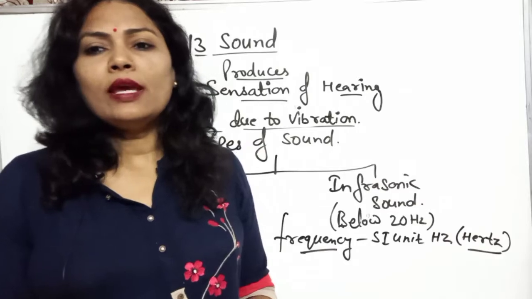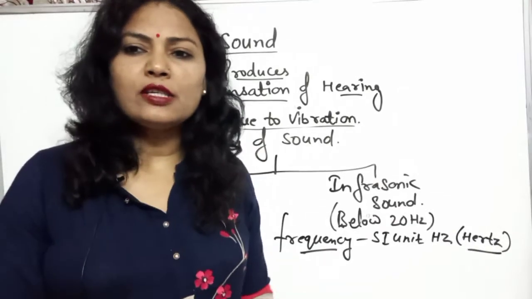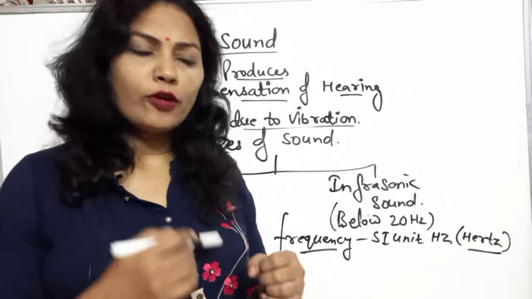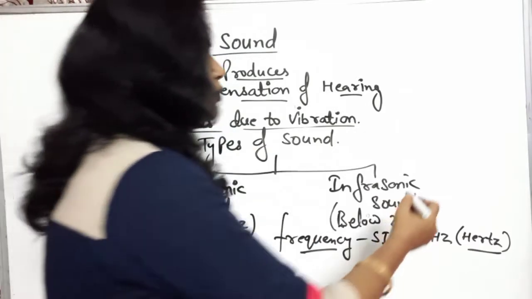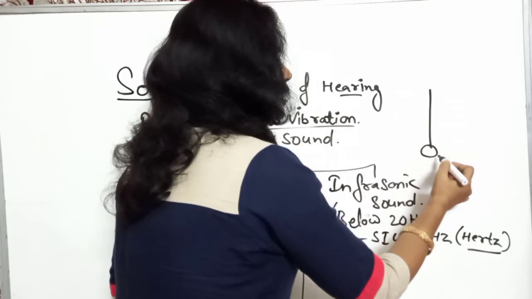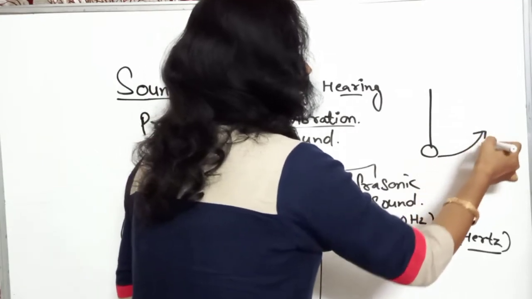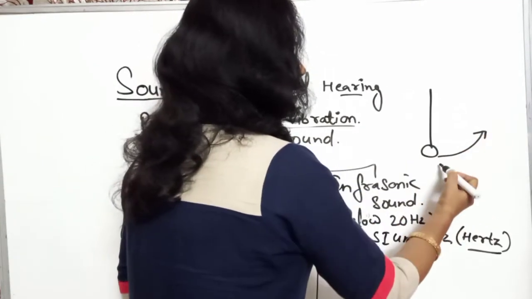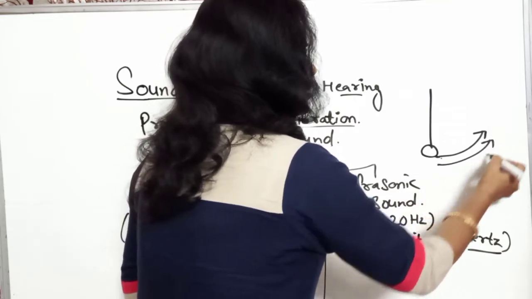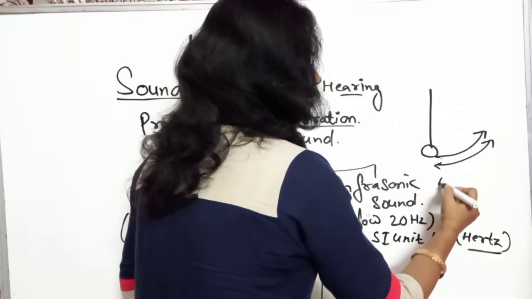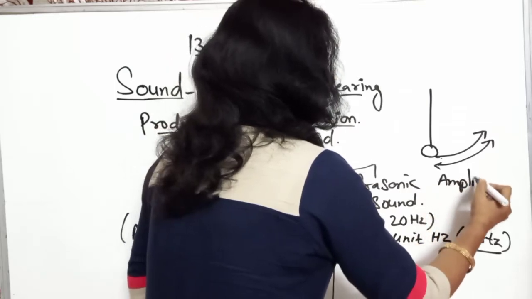Okay. Now amplitude is the maximum displacement from the mean position. For example, if one bob is there and that bob moves from here to here, this is the maximum distance, so it is an amplitude.